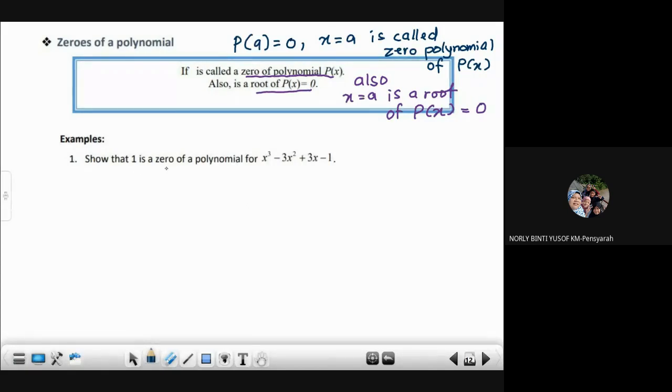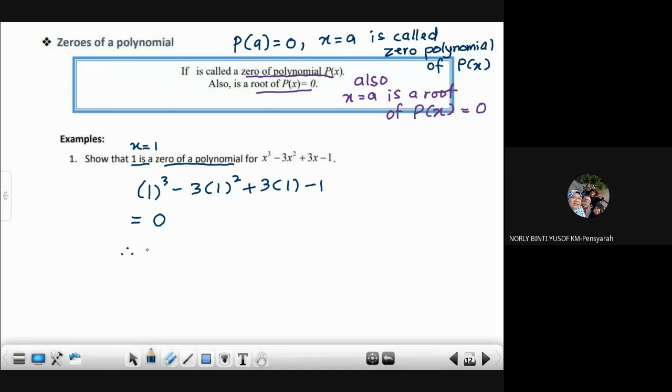So show that 1 is a 0, X equals to 1, is a 0 of polynomial ni. So masukkanlah, sub lah. Dapat kosong, reminder kosong, then dia adalah 0 of polynomial. So kita sub. 1 kuasa 3, tolak 3, 1 kuasa 2, tambah 3, 1, tolak 1. You kira pakai calculator, nanti you dapat kosong.